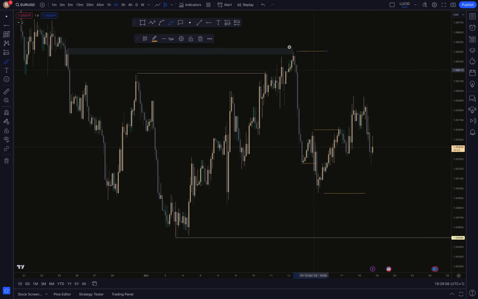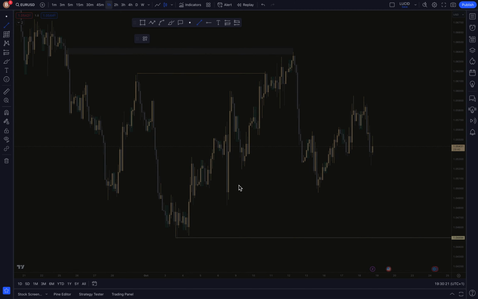So my range was from this high to this low. This was my new range. I'm like, okay, that's cool. All right, let's work with this.